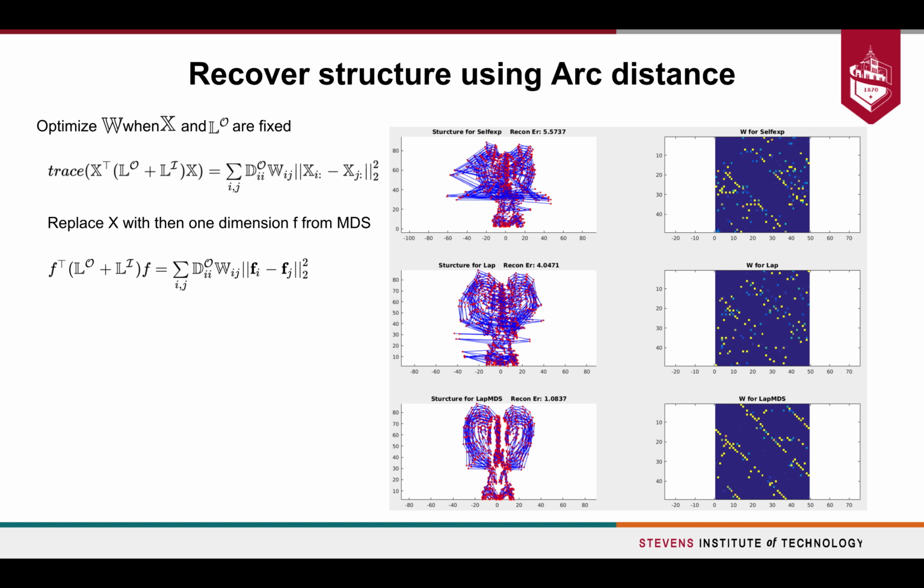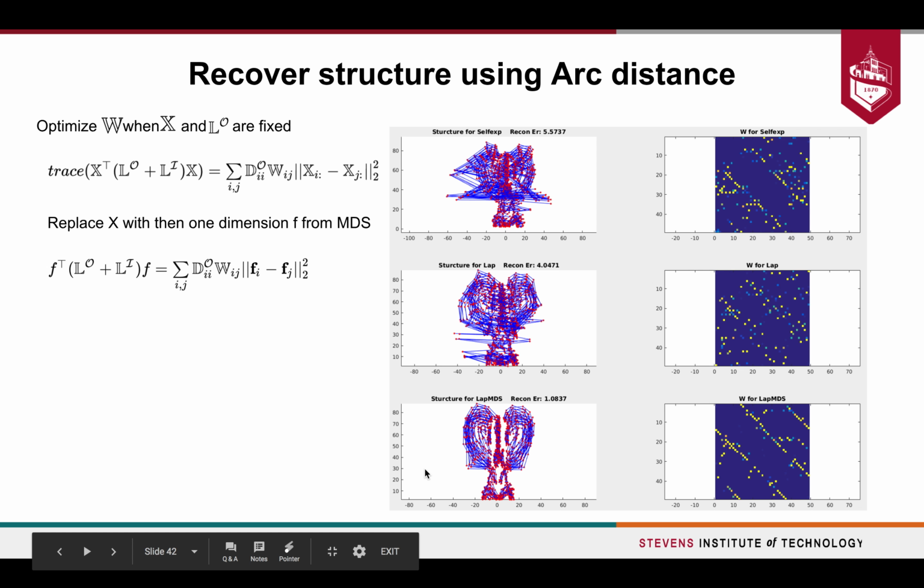Then we implement this f in this part, and you can see we have a much better structure, and W is much sparser and closer to the ground truth W. The ground truth W is better represented by showing its neighboring frames. So this can help to reconstruct.